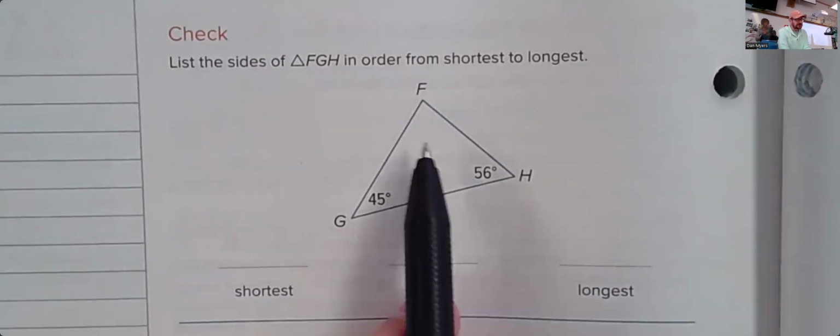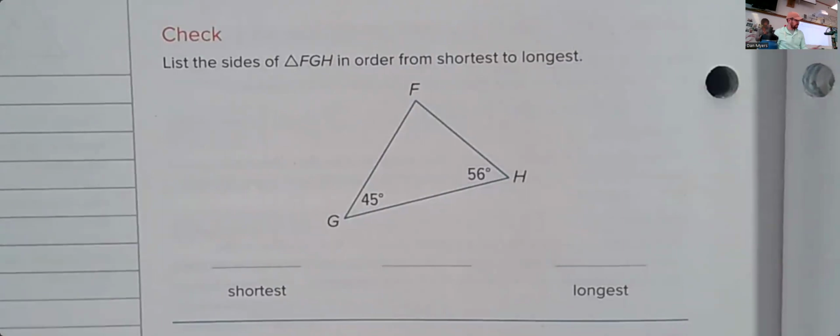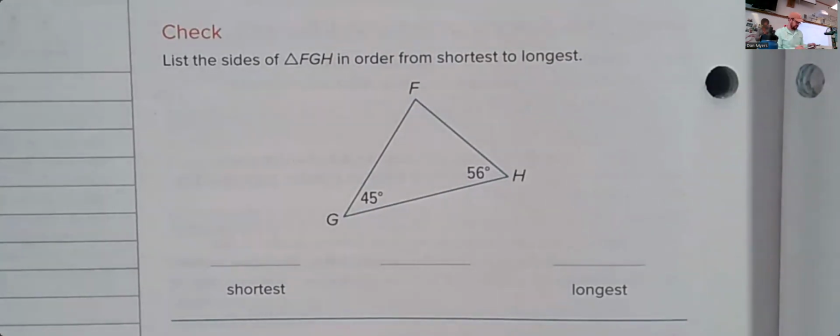All right. How many degrees is angle F? 79. Nice.